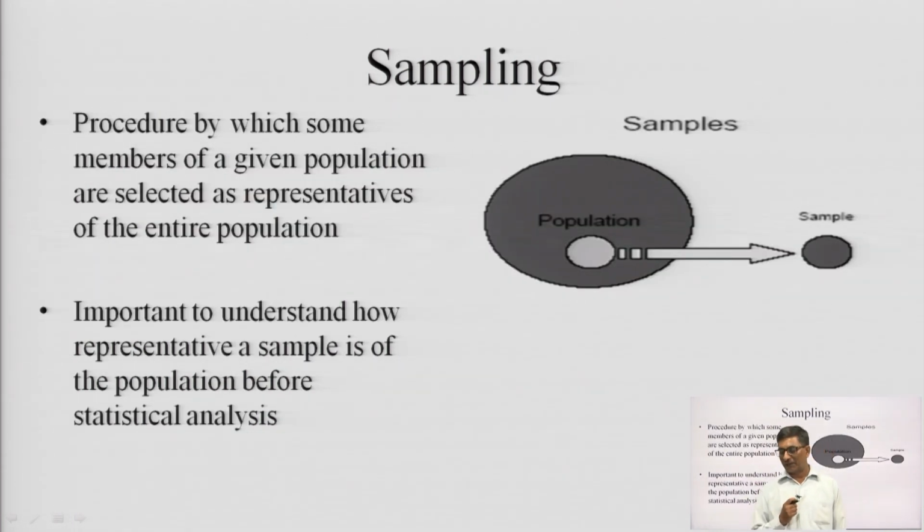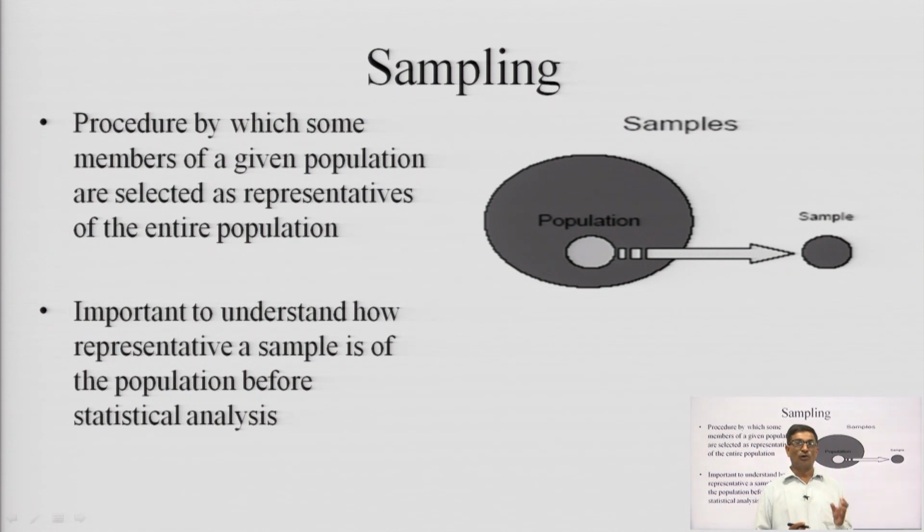Now, what is sampling? Sampling is a procedure by which some members of a given population are selected as representatives of the entire population. It is important to understand how representative a sample is of the population before statistical analysis, because for a good result the sample should be representative of the population.